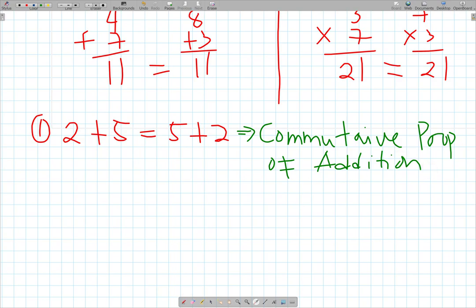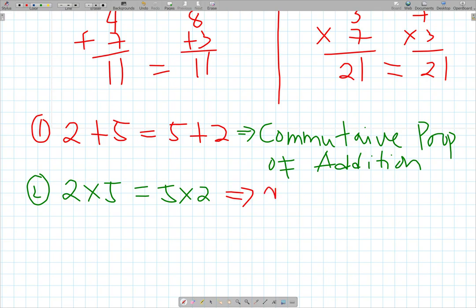Another one, no? Let's say, 2 times 5 equals 5 times 2. O, dito, di ba? Ilan ba yung number natin dito? Dalawa din. Ang 2 at saka 5. May 2 ka dito, may 2 ka din, no? May 5, may 5. So, dalawa ang number dito. Pag dalawa yung number, that is commutative property.